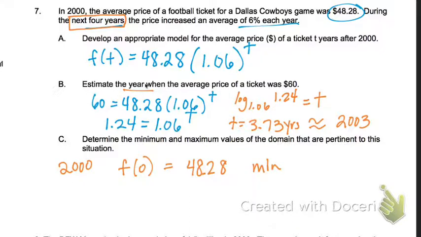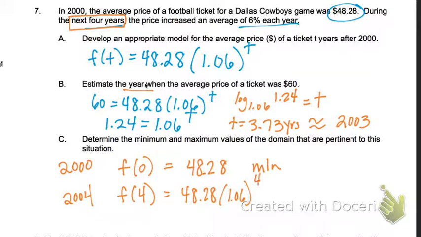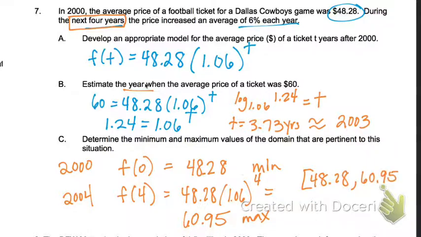That's where it started. My maximum would be in 2004, which would be when I plug in 4 for t to the 4th power. So if you do that on your calculator, you end up getting 60.95. That would be my maximum. So my domain is 48.28 to 60.95.